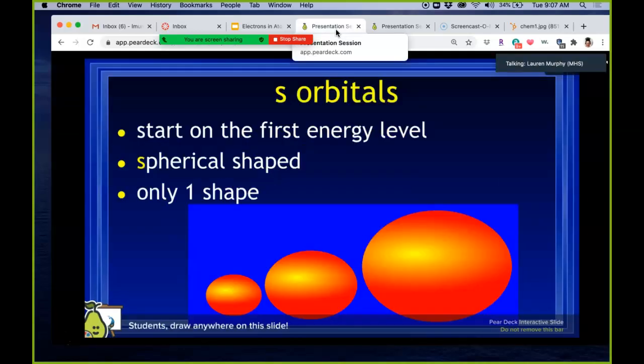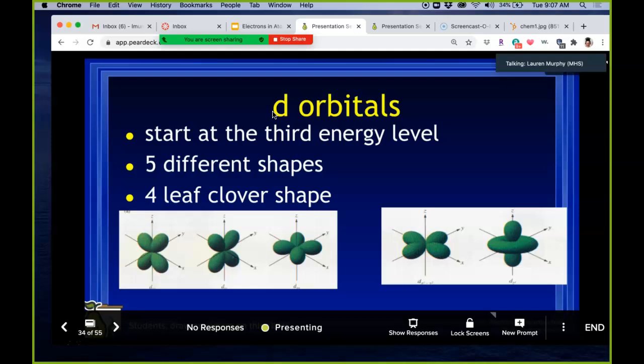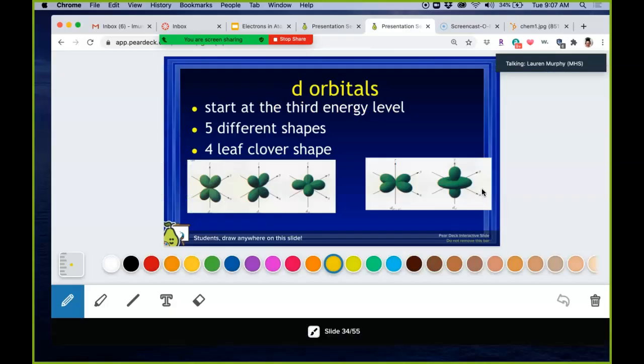Okay, so s, p. Now, d is crazy. D orbitals are very complicated. Most of them look like 4-leaf clovers rotated along the different axes. And then there's this really random little guy that looks totally different. It looks like a donut with something shoved in the middle of it.